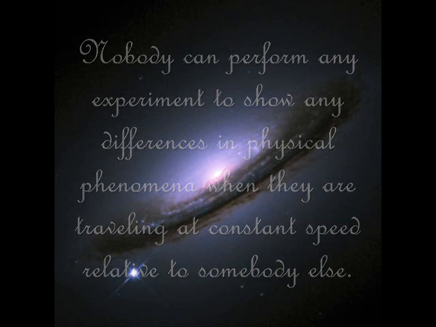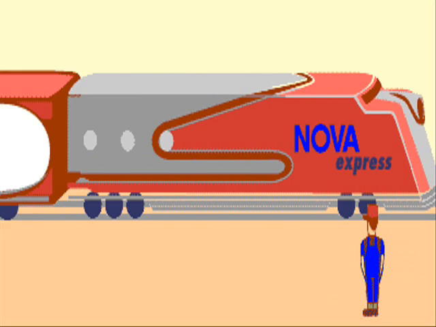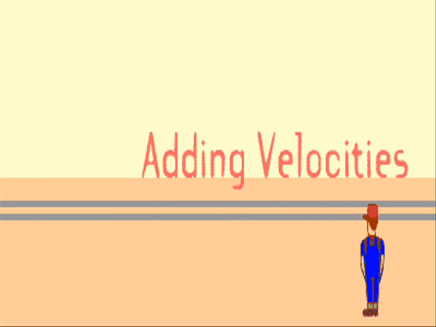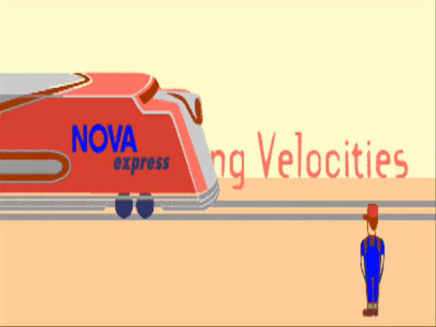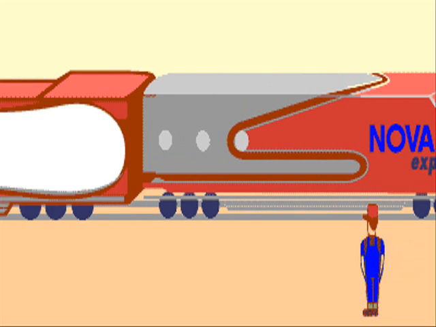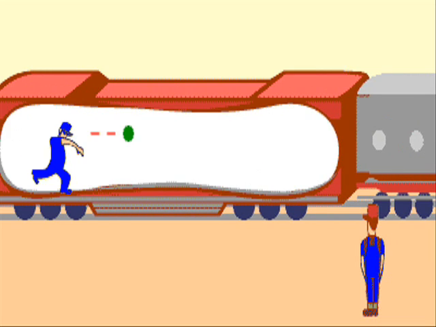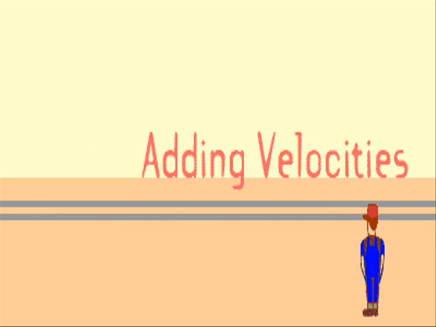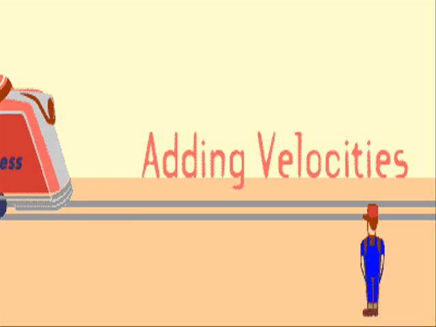Allow me to explain. Imagine for a moment that there's a train rushing by, and one of the cars you can see through. As you look in, you notice a man is throwing a ball. Now, to the observer from outside of the train, the ball is traveling at the speed of the train plus the velocity that the man threw it at.